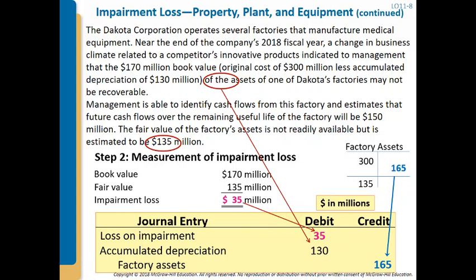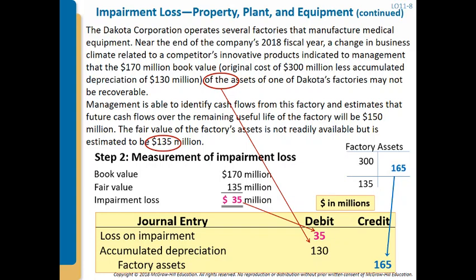And so what you're going to do here is you're going to wipe out any prior accumulated depreciation, in this case 130 million.